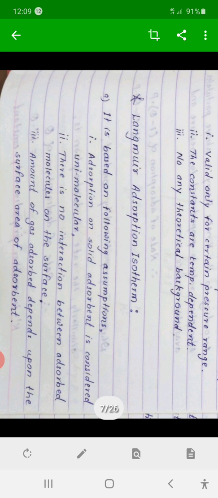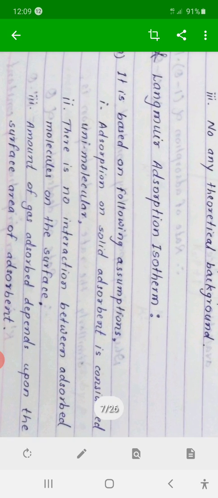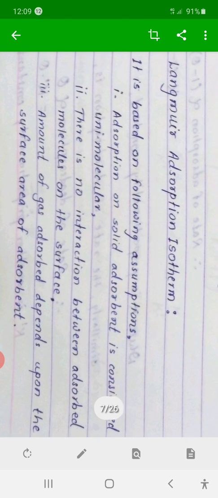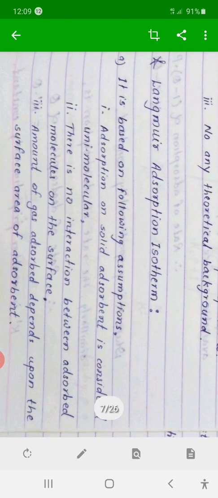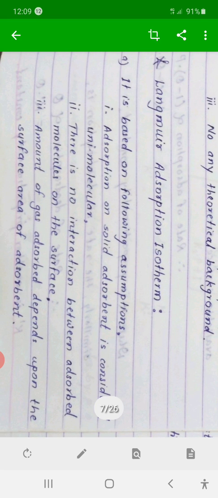First, adsorption on the solid adsorbent is considered a monolayer, that is unimolecular adsorption. Second, there is no interaction between adsorbed molecules on the surface of the adsorbent.